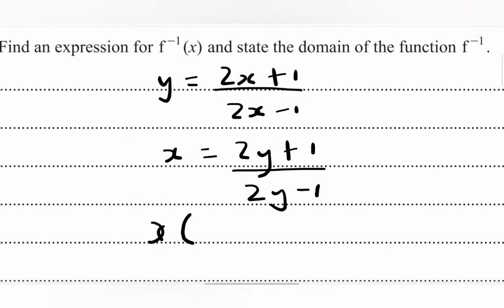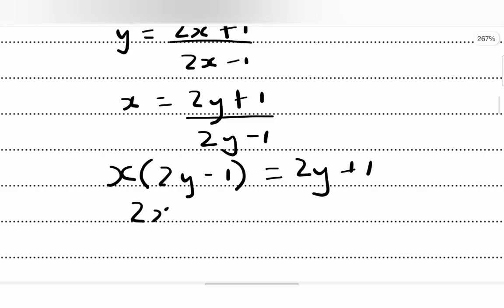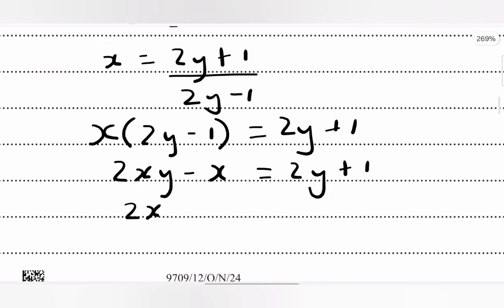So x times (2y minus 1), cross multiply, is equal to 2y plus 1. And 2xy minus x is equal to 2y plus 1. So 2xy minus 2y is equal to x plus 1.